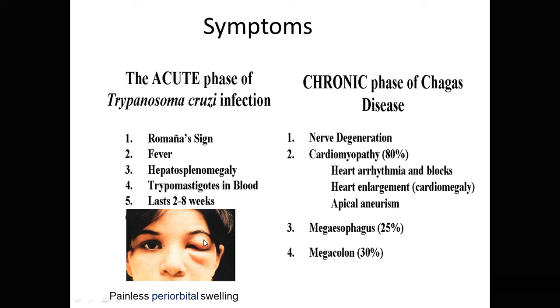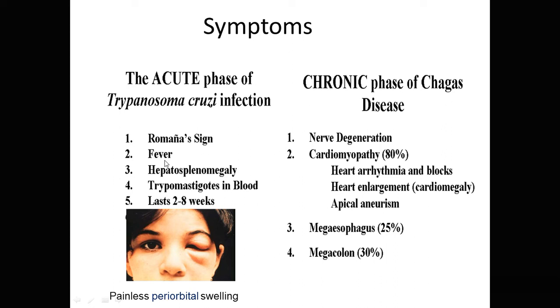And why the name kissing bug? This bug usually bites on the face, and especially the eye area, as if someone is kissing the person on the face. And Romana sign is the biting site, and the swelling develops.